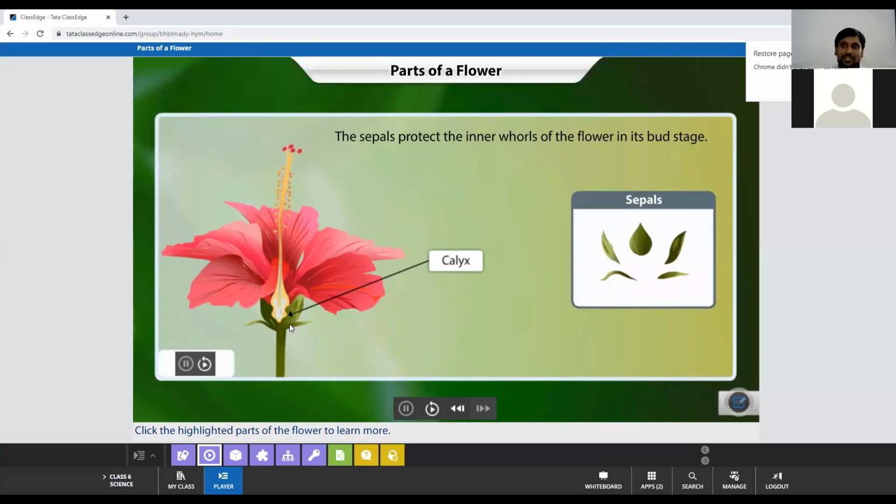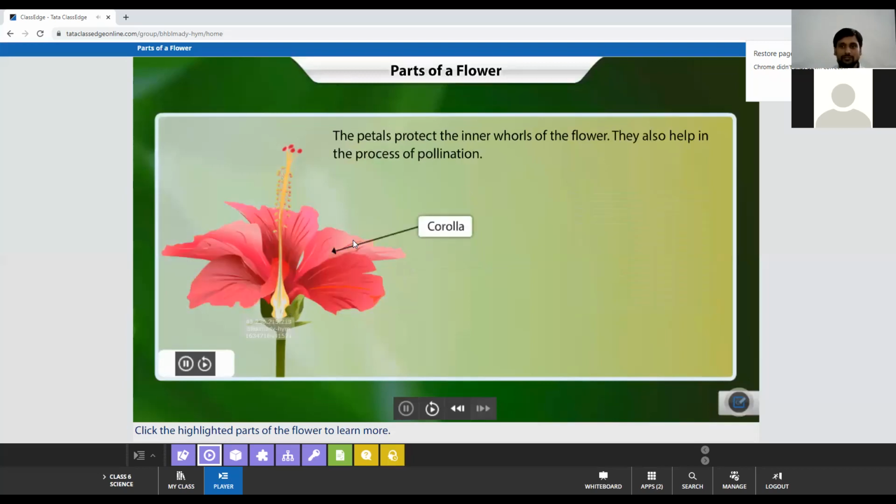You can see the green color structures. These green structures are nothing but called what? The sepals, which are the first whorl of a flower. Getting my point, guys? So the sepals protect the inner whorls of the flower during the bud condition. That is the function of the first floral part of a flower, called the calyx.